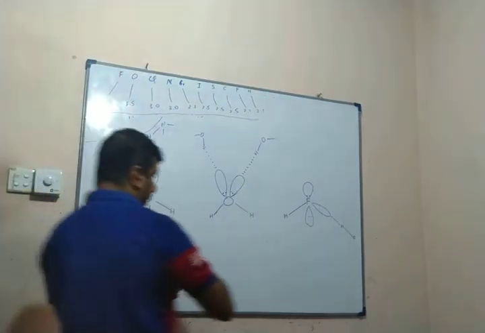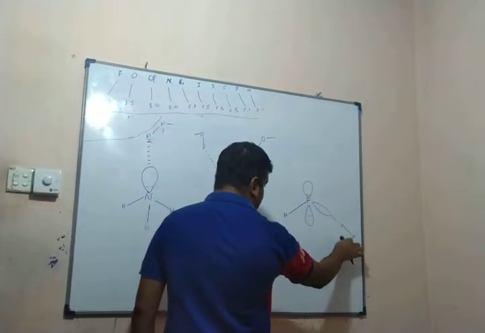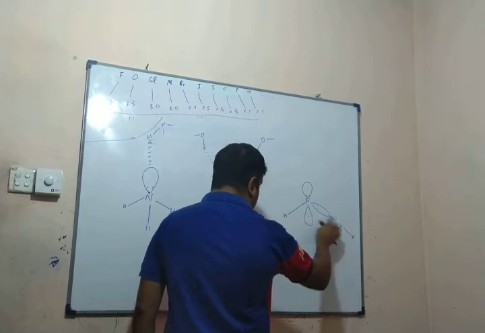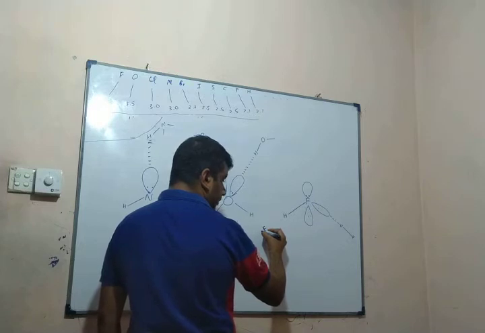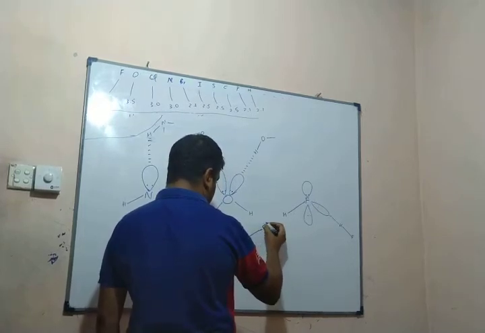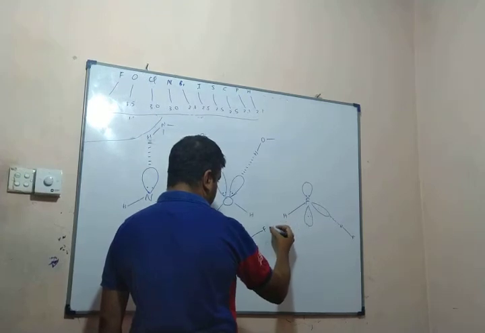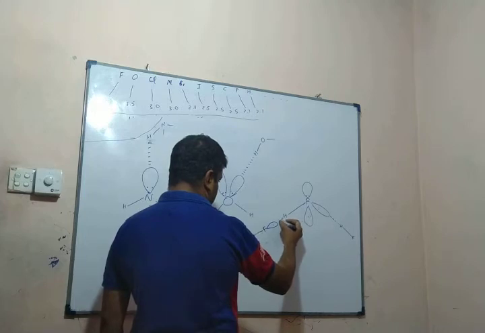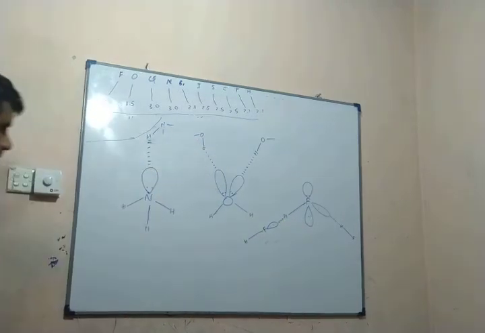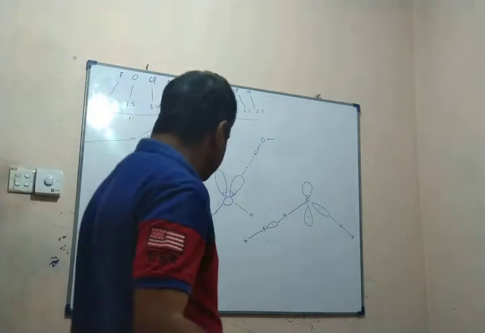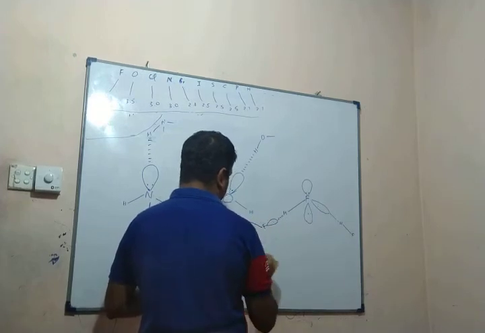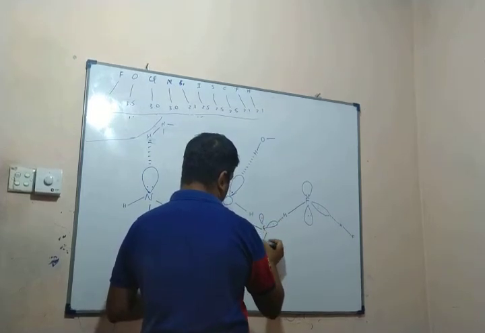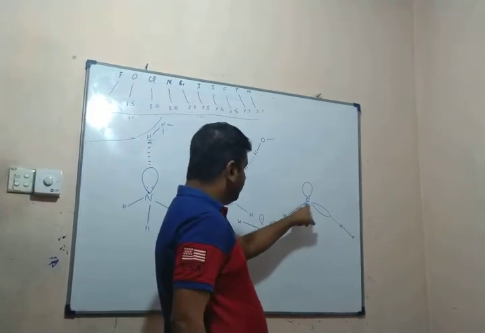This fluorine is bonded to hydrogen, and this hydrogen will be hydrogen bonded to fluorine. What's the shape?